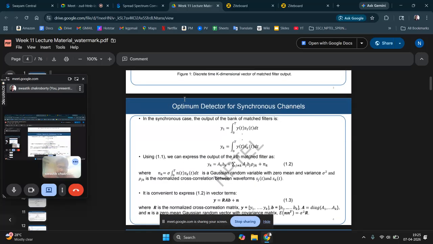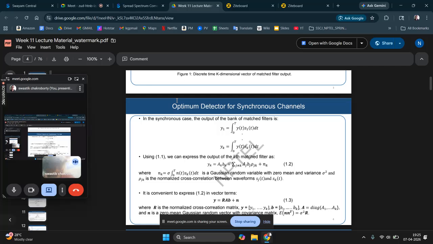Each matched filter will give an output which is the integration with s_k(t), the waveform for that user. You have designed a matched filter, which means you have matched with the transmitted waveform.